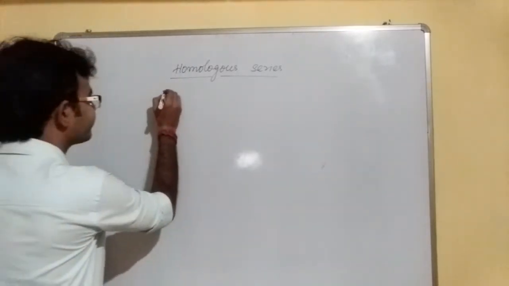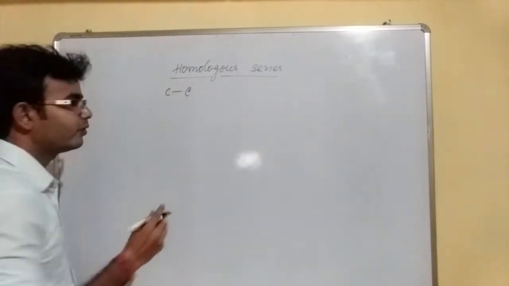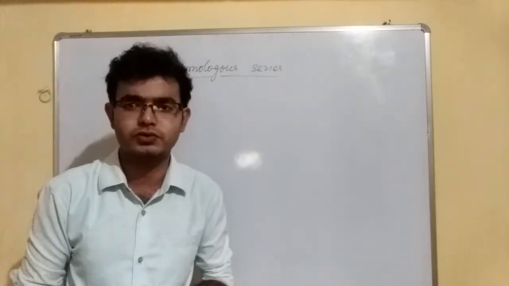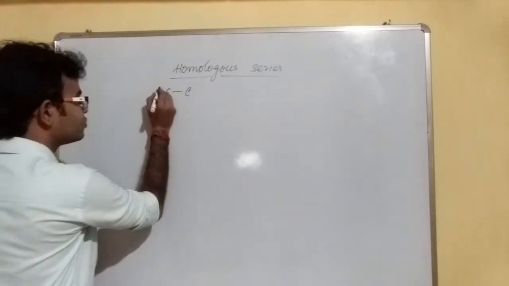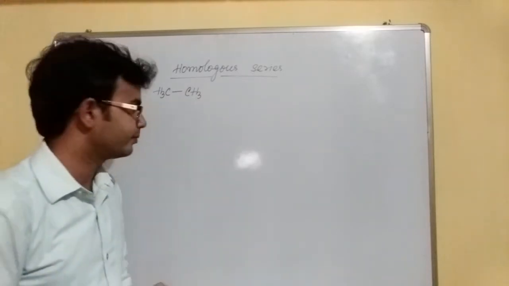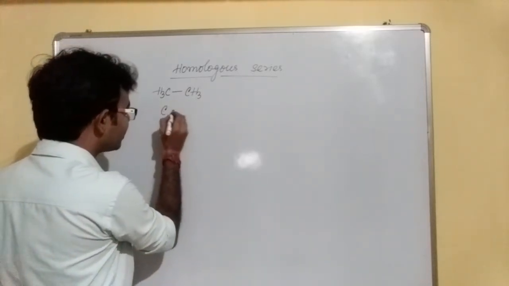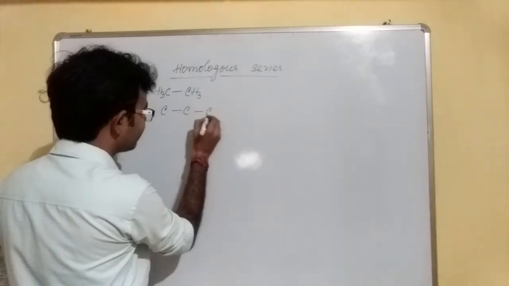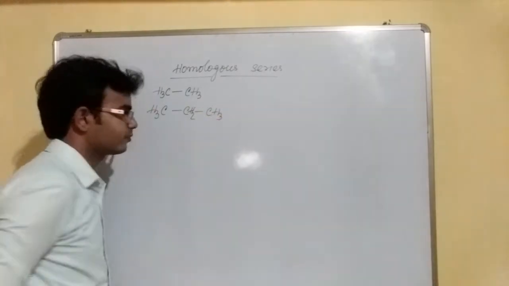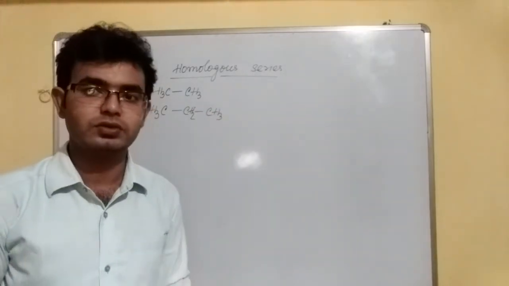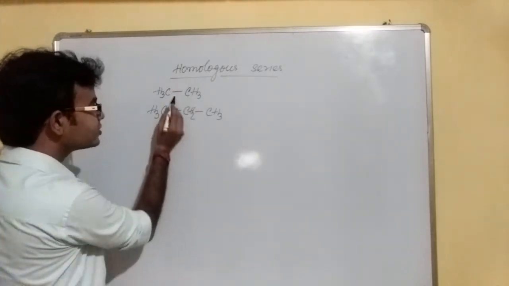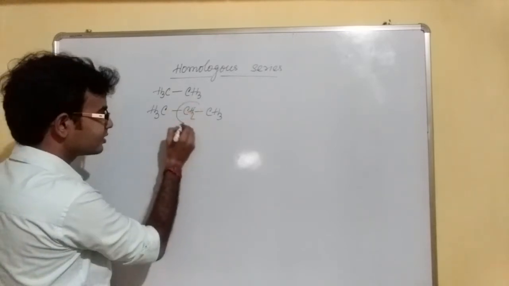Okay, let me take an example so it will be clear. Suppose a carbon compound having single bond, that is a saturated carbon compound. Now, I am taking two carbon atoms. If we fill with hydrogen, then it will be CH3 single bond CH3. If we increase one more carbon, then its formula will be CH3 CH2 CH3. So the difference between these two carbon compounds is CH2.